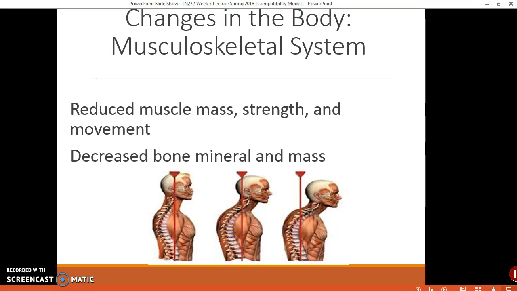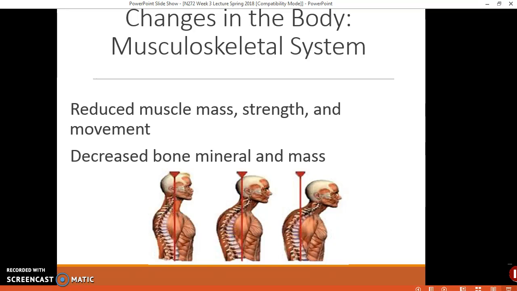Changes in our musculoskeletal system. There's reduced muscle mass, strength, and movement. There's a decrease in bone mineral and mass. And part of the reason for our height shrinkage is because of this reduced muscle mass and decreased bone mineral mass as well.